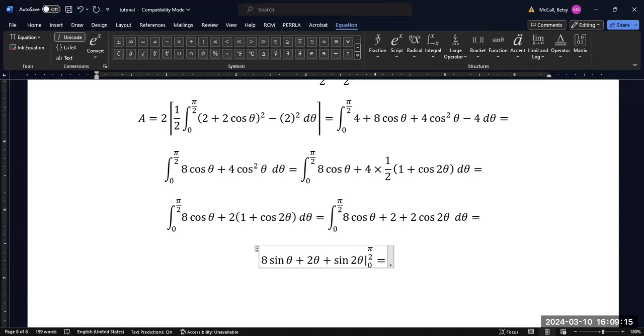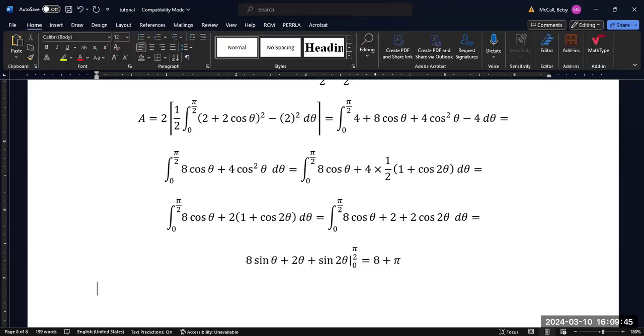Now, if I plug in pi over 2 into sine theta, I'm going to get 8, because sine of pi over 2 is 1. And then if I plug in 0, I'm going to get 0. And then 2 theta, if I plug pi over 2 into that, I'm going to get pi. And then pi over 2 into sine 2 theta is going to give me sine of pi, which is 0. Plugging in 0 is also going to give me 0. And so I'm left with 8 plus pi.